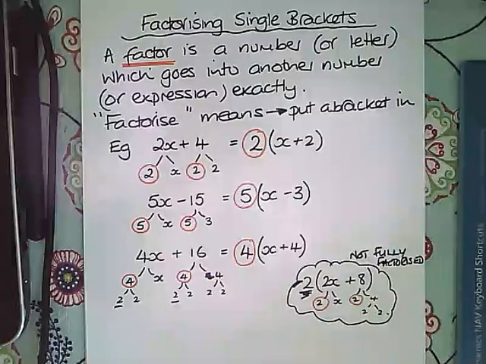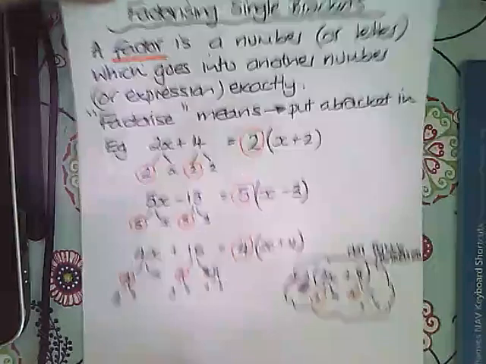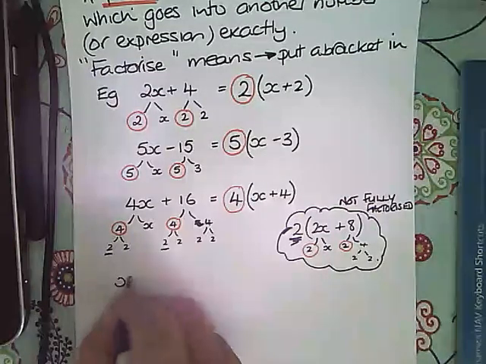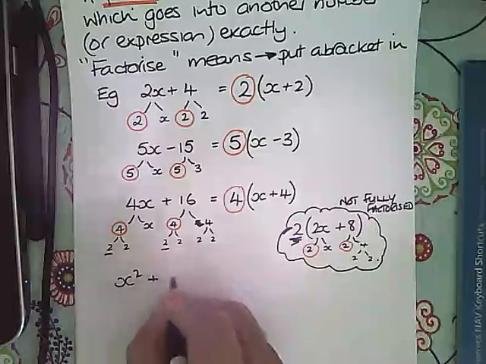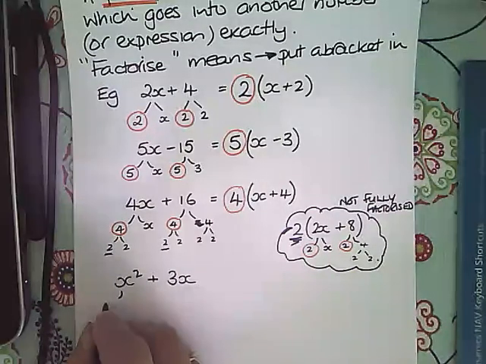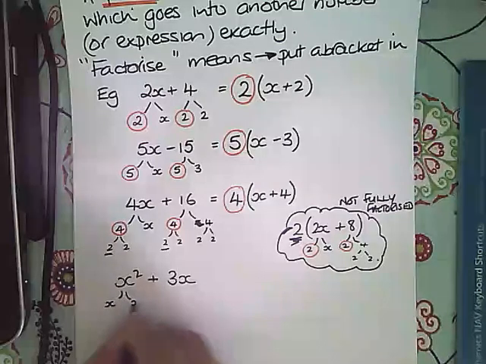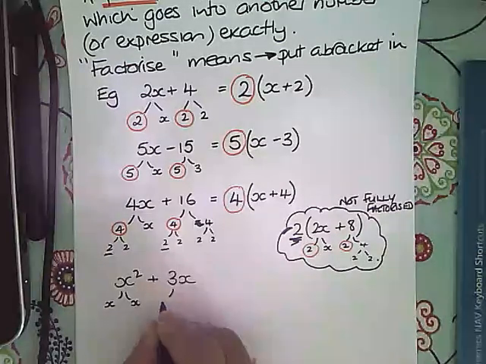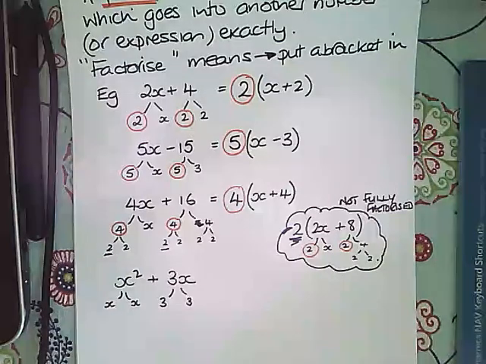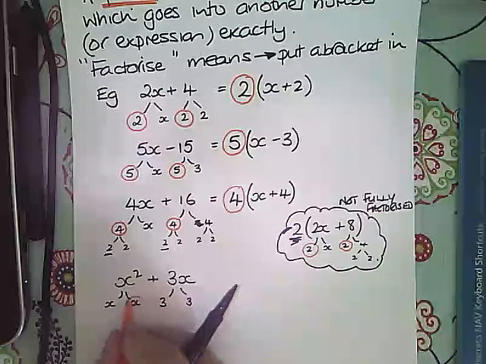And I'll just do one final example where this time we might take a letter outside of the bracket. So if we start off with x squared plus 3x, we factorise this, that's x times x, and factorise this bit, which is 3 times x. This time there's not a number that goes into both of them, but there is a letter which goes into both of them.